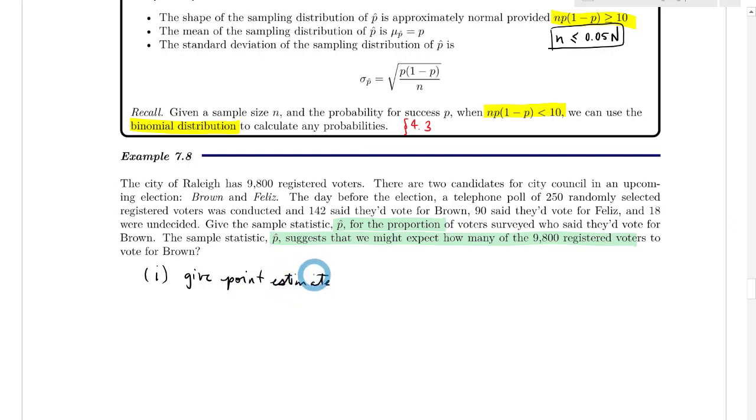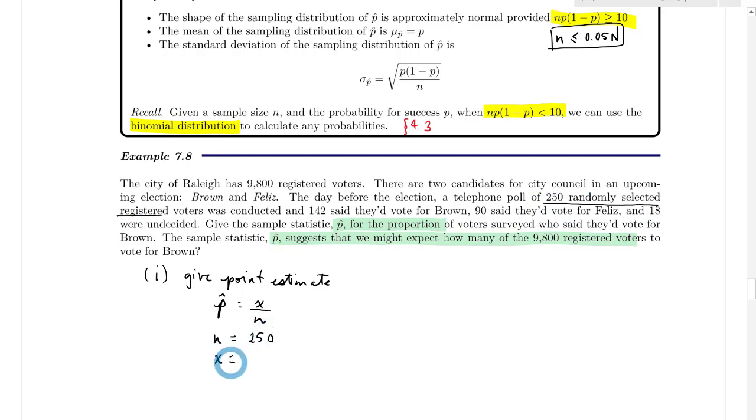So a point estimate would be p hat, where p hat is x over n. Recall that the number of people surveyed was 250 randomly selected voters.